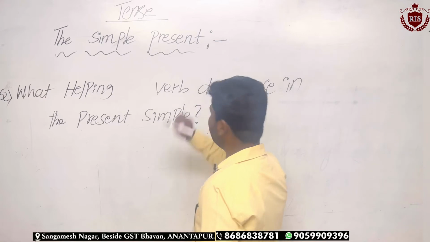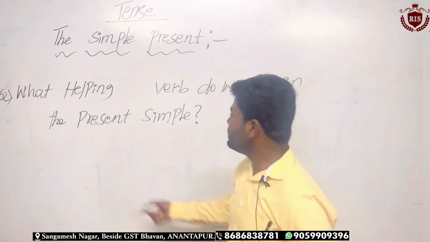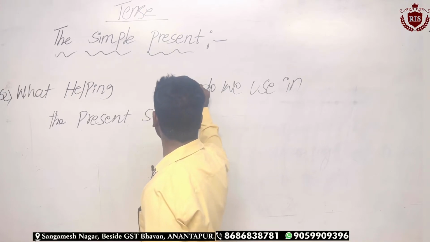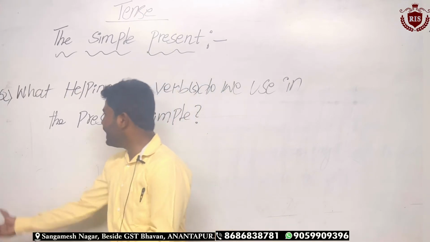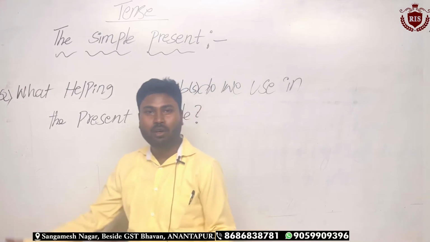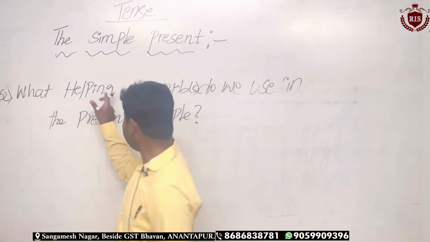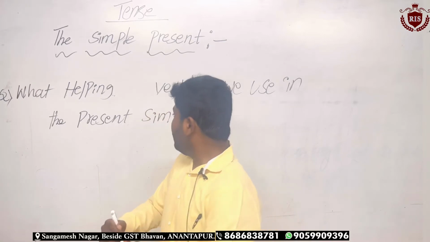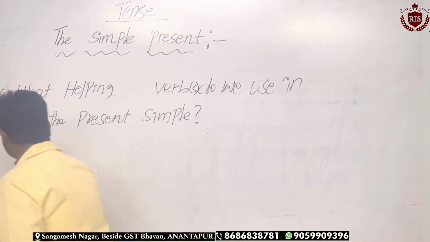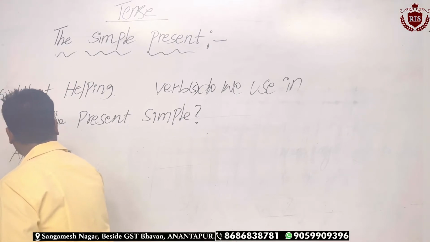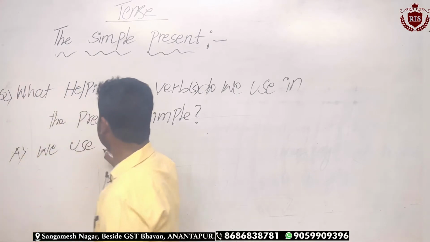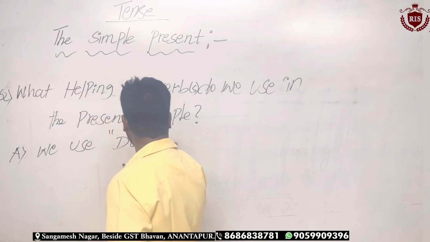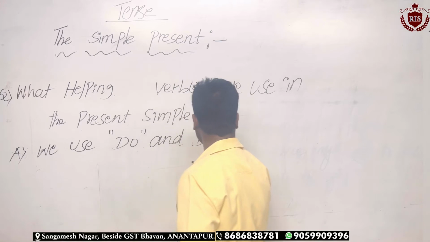What helping verb do we use in the present simple? What helping verbs, if you have one helping verb or more than one? So the answer is, we use do and does.